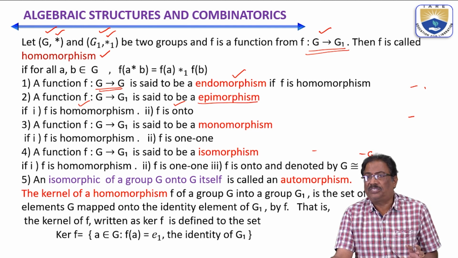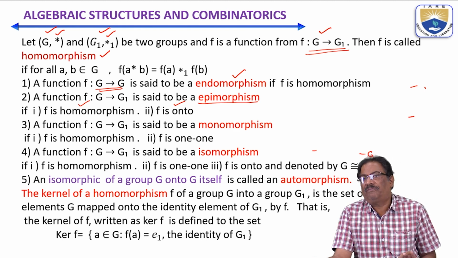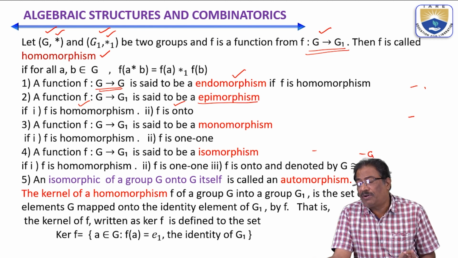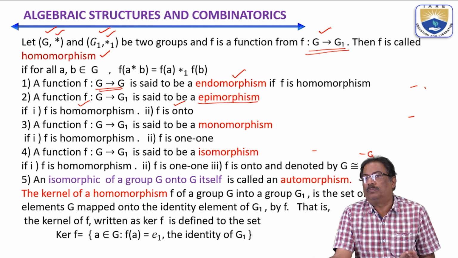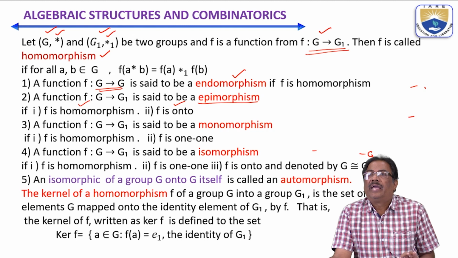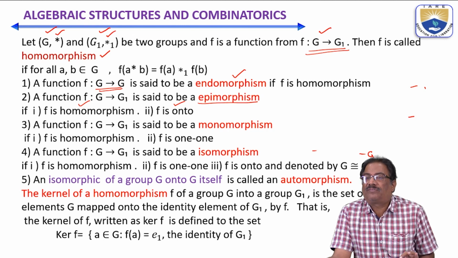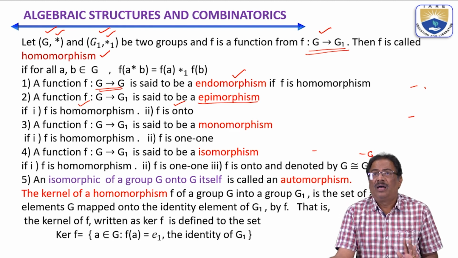So a function F from G to G1, both different groups, is said to be an epimorphism if F is a homomorphism and F is onto.